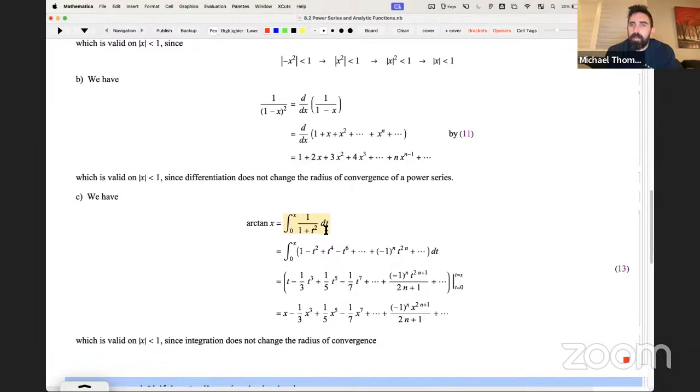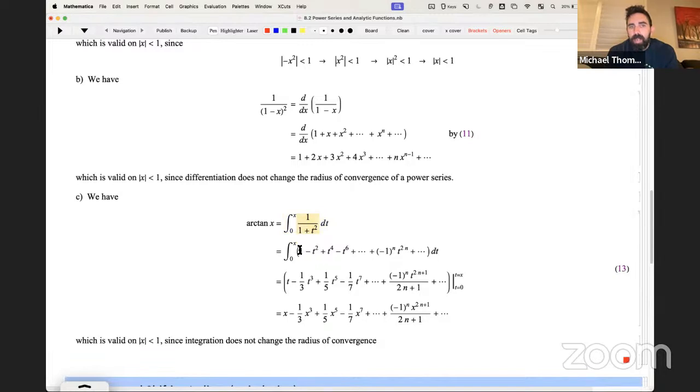I'm integrating with respect to t, but I'm evaluating from 0 to x. So once you integrate with respect to t, you get a function of t, but then you plug in t equals 0 and t equals x. You don't have to write it out the same way I do, but this is the way I traditionally like to write it. So we're going to integrate this function and evaluate from 0 to x.